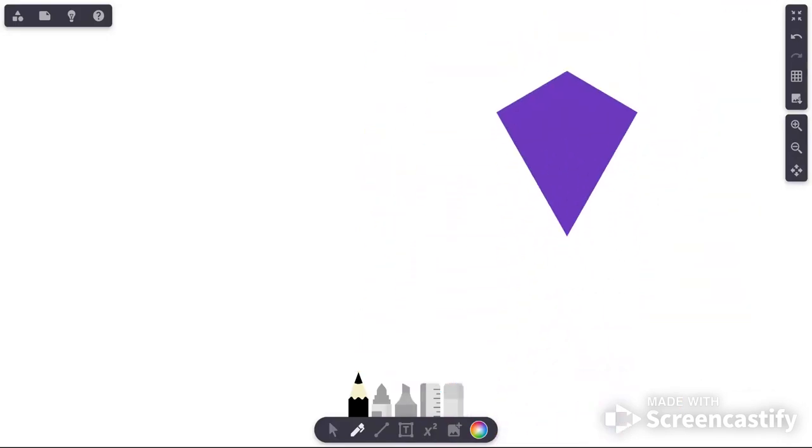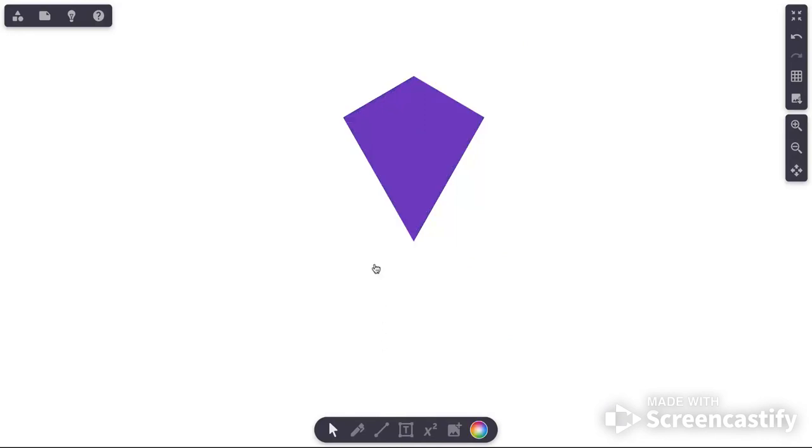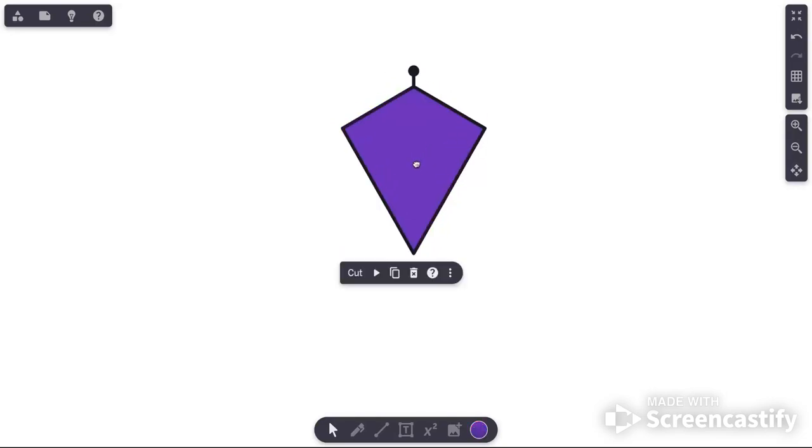Our last shape we're going to look at today is also a quadrilateral. Four sides, and this shape is called a kite. And a kite is a special type of quadrilateral where the adjacent sides are equal.